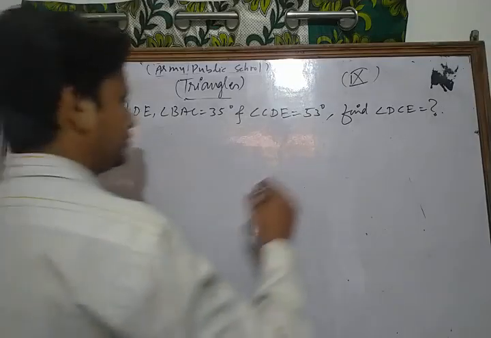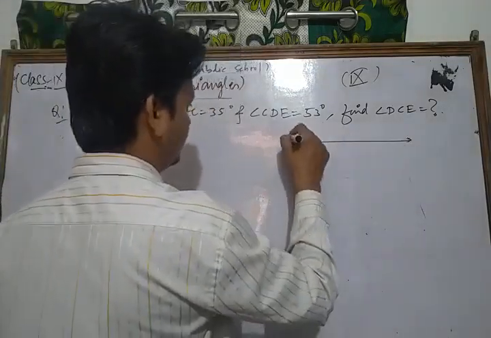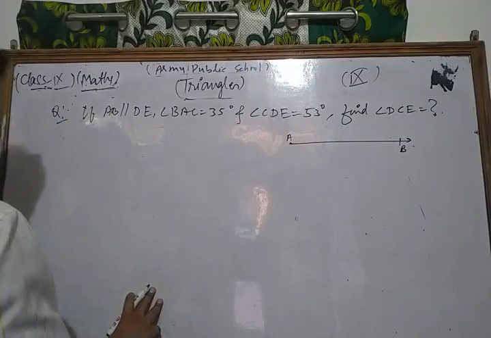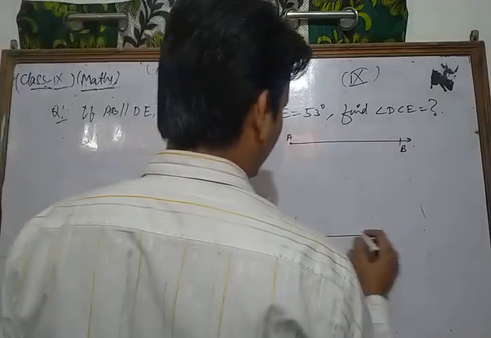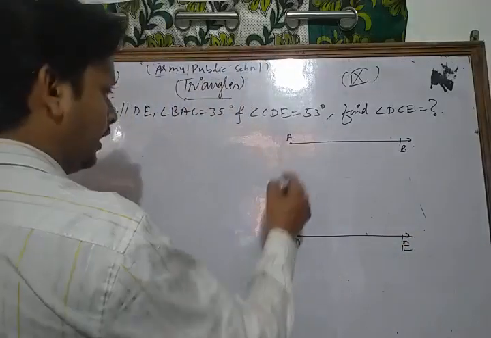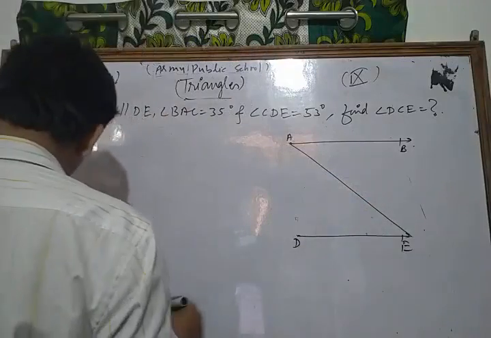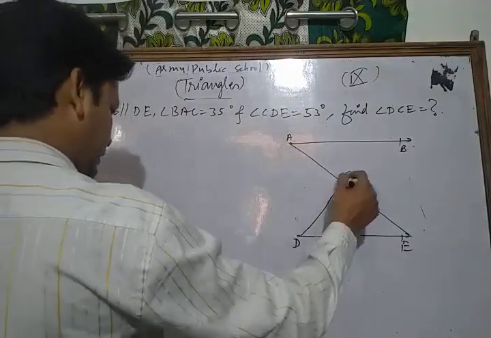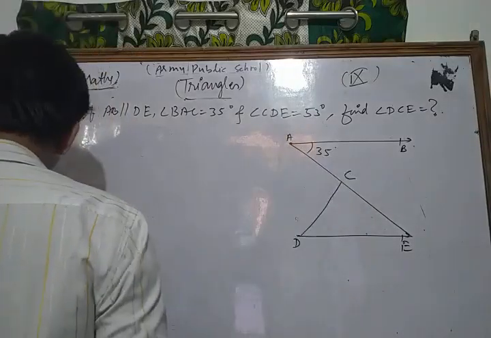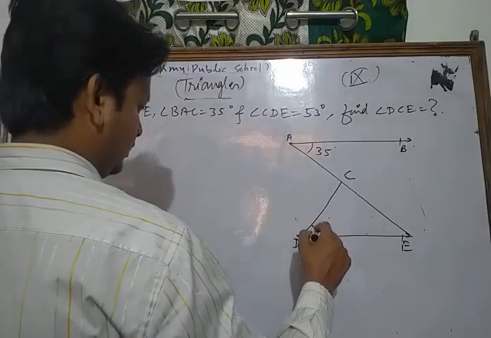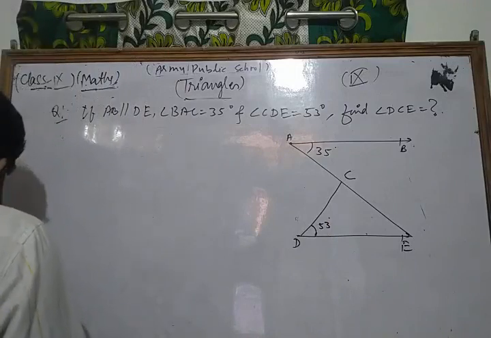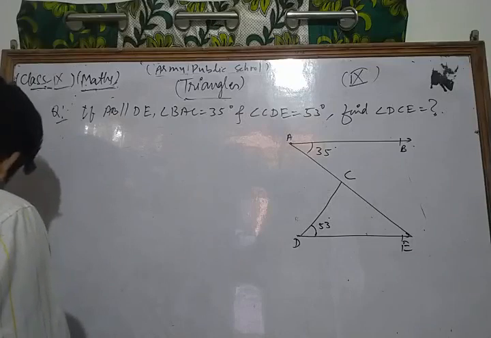And the figure is AB parallel to DE, and this is 35 degrees and this is 53 degrees. We find angle DCE.